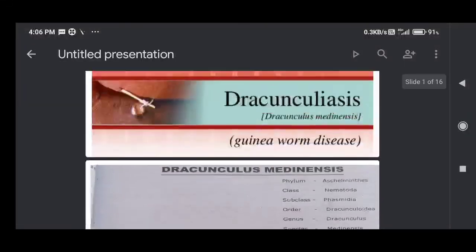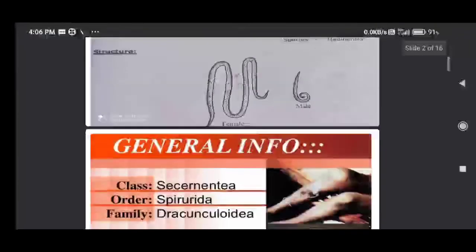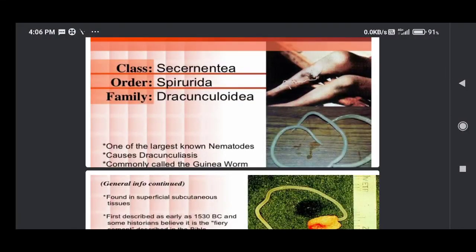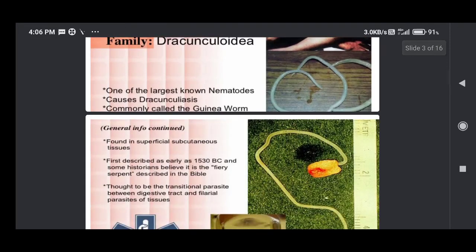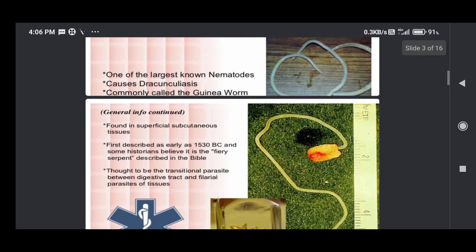Dracunculus medinensis. The parasite's presence was identified nearly before 1530, and it is mentioned in the Bible. It is the transitional parasite between the intestinal tract parasites and the filarial parasites of tissues, especially those which live in the lymph nodes.